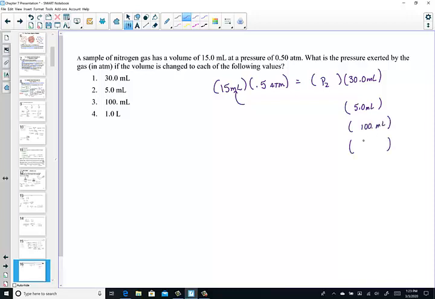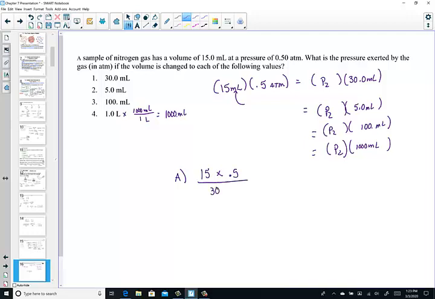And in the fourth, we know that a liter can easily be converted to a milliliter by sliding the decimal over. So the equivalent value is 1,000 milliliters. And each time we have the same left side of the equation, we're just looking to solve for the new pressure. So for instance, in letter A, we'll hit 15 times 0.5 and you'll divide by 30.